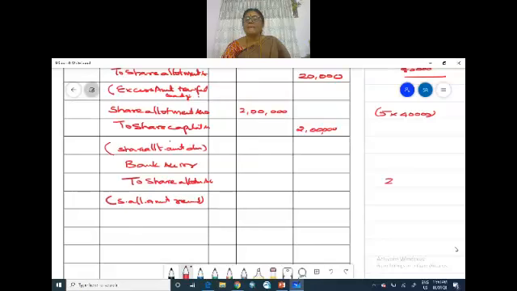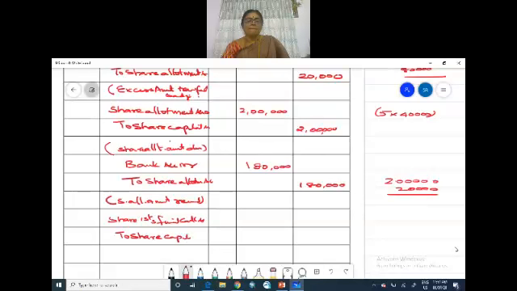2 lakhs minus 20,000. That comes to 1,80,000. So share allotment. Next, share first and final call account debit to share capital account.